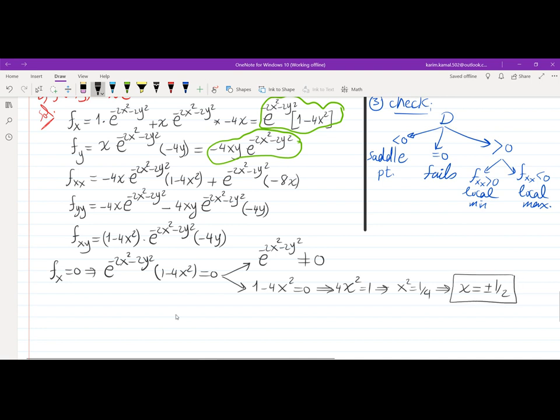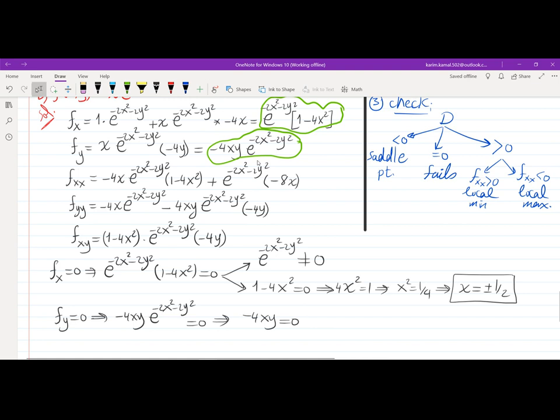Then in the same step we have to put fy equal to 0, where fy in this green cloud we have negative 4xy e power negative 2x squared minus 2y squared to be 0. Here also the same case, so we have that negative 4xy equals 0.